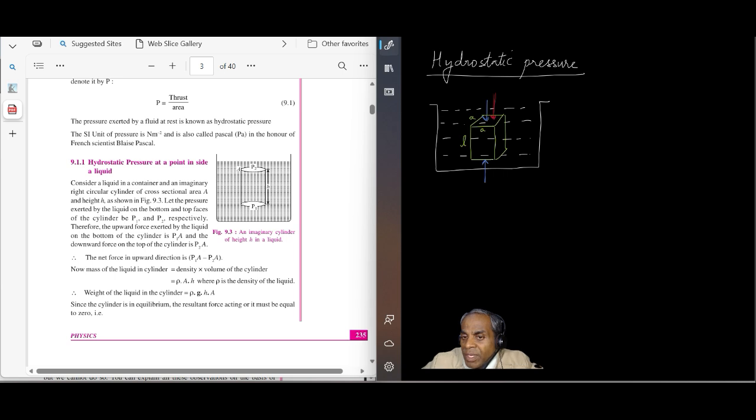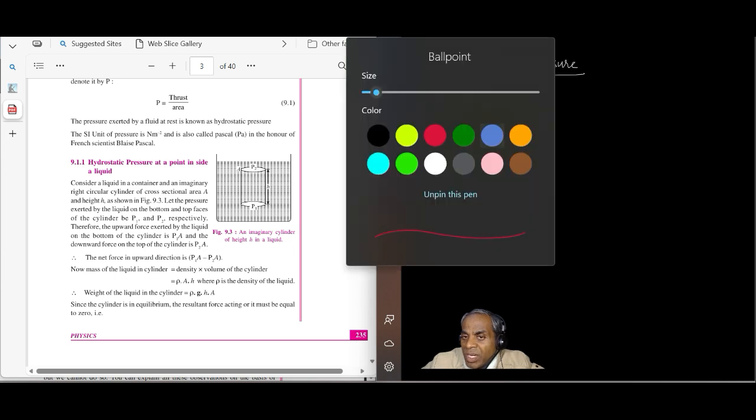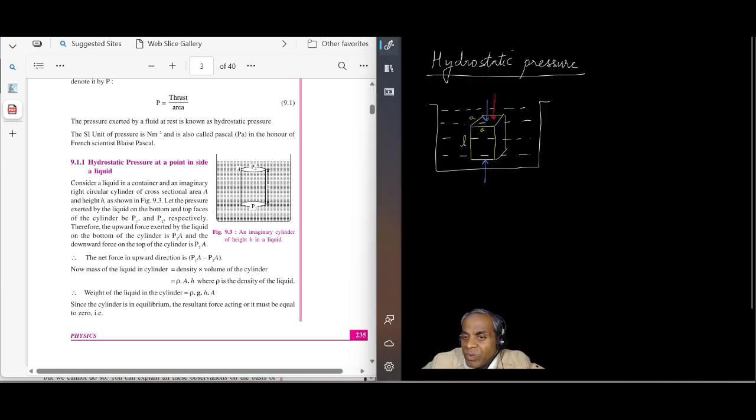Okay, these two forces are due to the liquid, so we will call them normal force. And because we have denoted pressure is equal to force per area, we can say force is equal to pressure into area. So this into symbol need not be written.